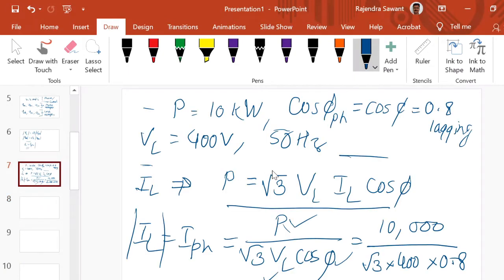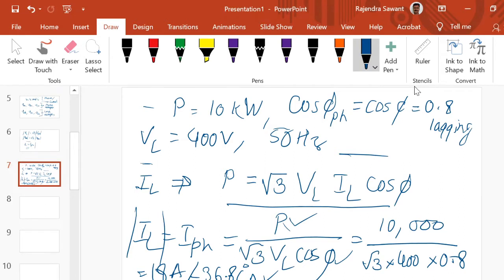We found that this value is around 18 amperes, and its angle is minus 36.86, because cos inverse of 0.8 is 36.86, and since this is lagging, the current should lag, so this is minus 36.86 degrees. This is the RMS current.